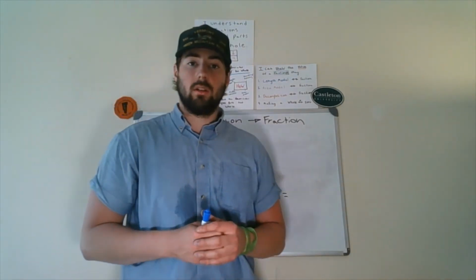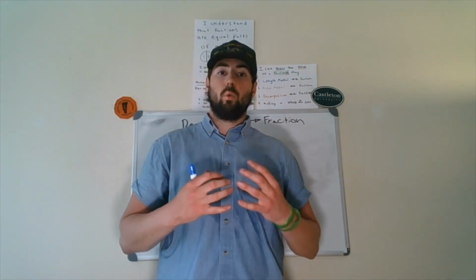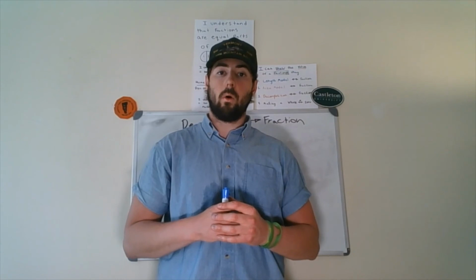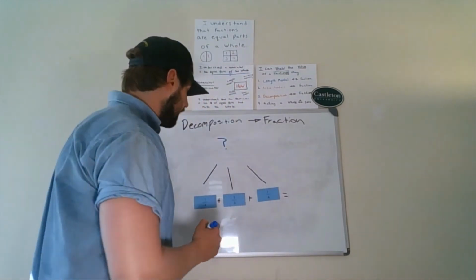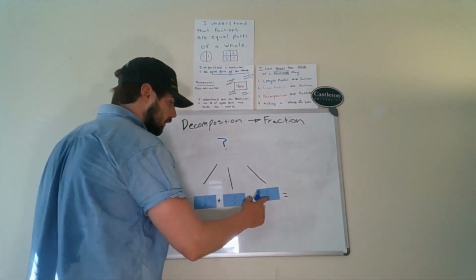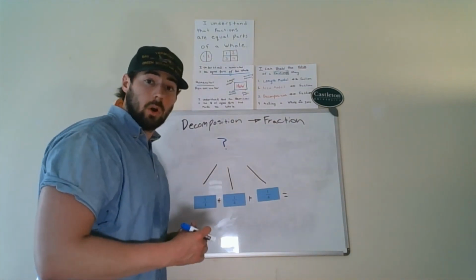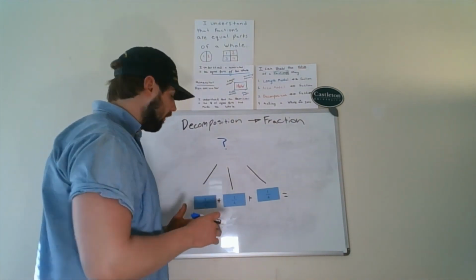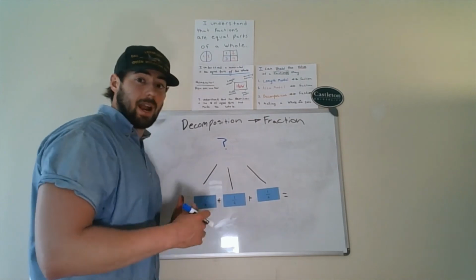As always, I need to understand what parts make that whole. So I need to look at that denominator. The denominators don't change when we're talking about fractions. In fact, they can't change.